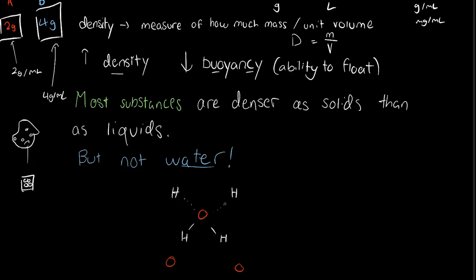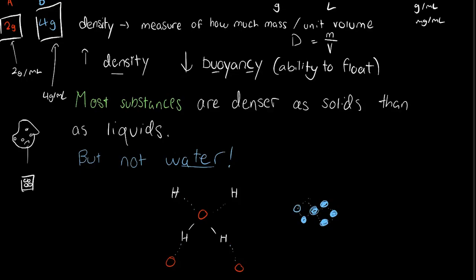Let's have a few bonds like so. All right. If you take a look at the water molecules as a whole, you'll see that in ice, they arrange themselves in a crystalline structure, with these hydrogen bonds connecting them. That's because of the way that these molecules have to be positioned to have these bonds. Water is always trying to maximize the number of hydrogen bonds in solid form, which is why it's the hardest of the forms.